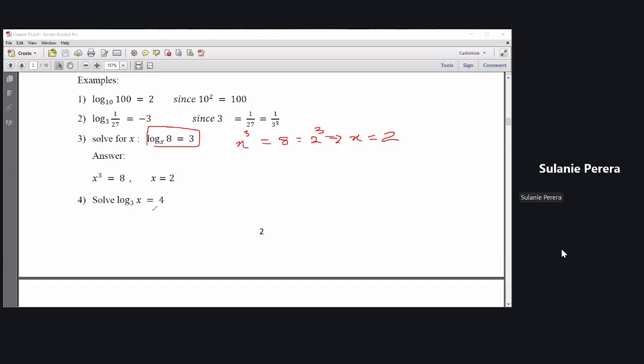Here, log base x of 81 is 4. So how can you do this? You can apply that same rule.